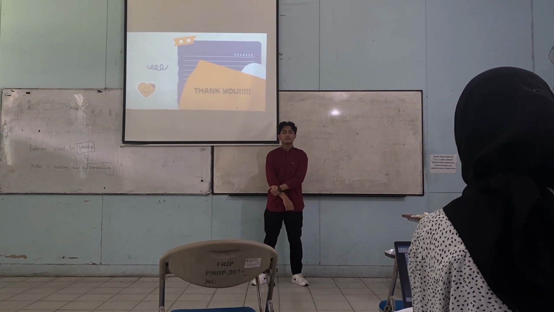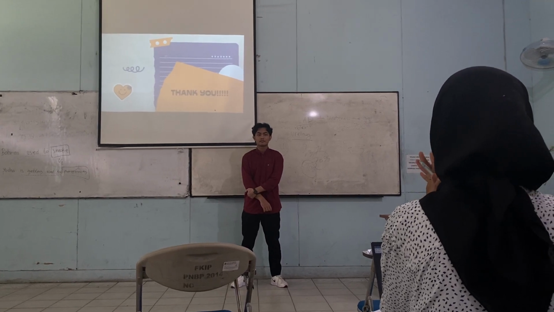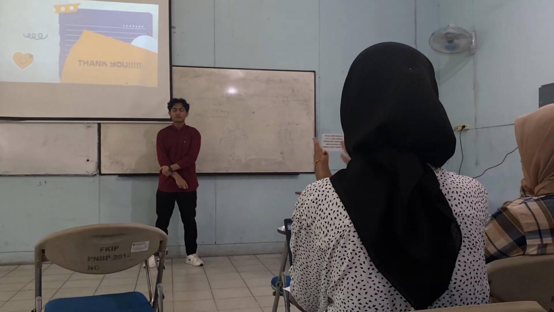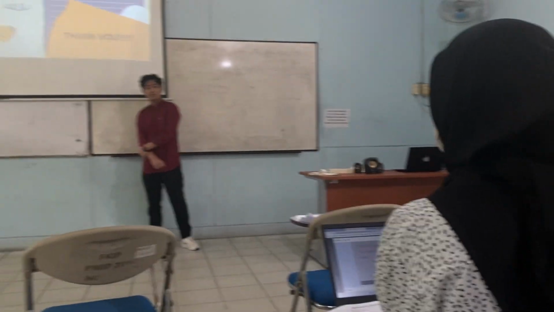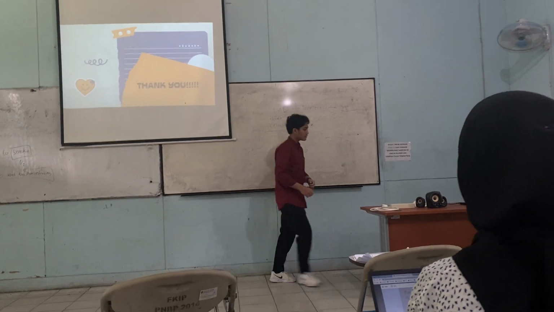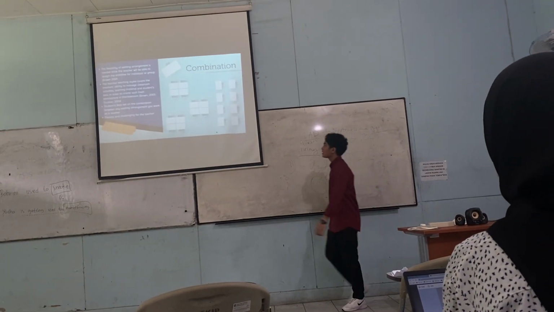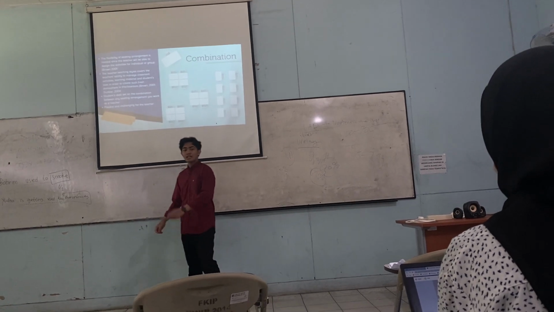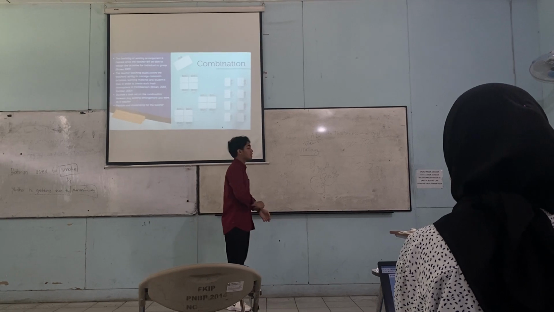If you were a teacher, which arrangement style do you think is most useful for your classes? You mean my personal favorite? Alright, my personal favorite is the last one, the combination. Because as a teacher, we have to create it in order to make the class more fun, more alive.